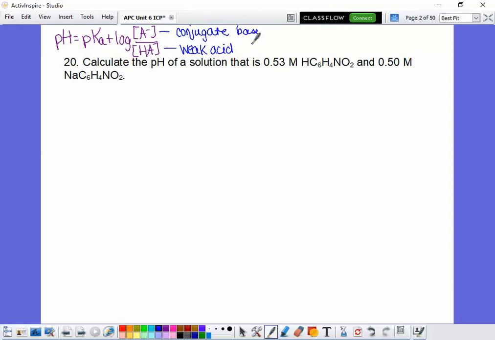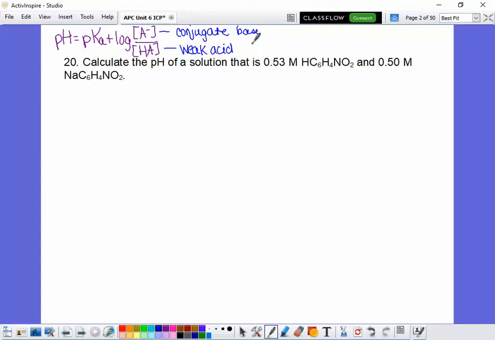Yes, it could be the weak base on the top and conjugate acid on the bottom, yes. But it's the acid and the base, and it has to be a conjugate acid-base pair. It can't be just like any weak acid and a conjugate base. They have to be the conjugate base of the weak acid. They have to have that common ion in order for a buffer system to work. How do you find pKa?